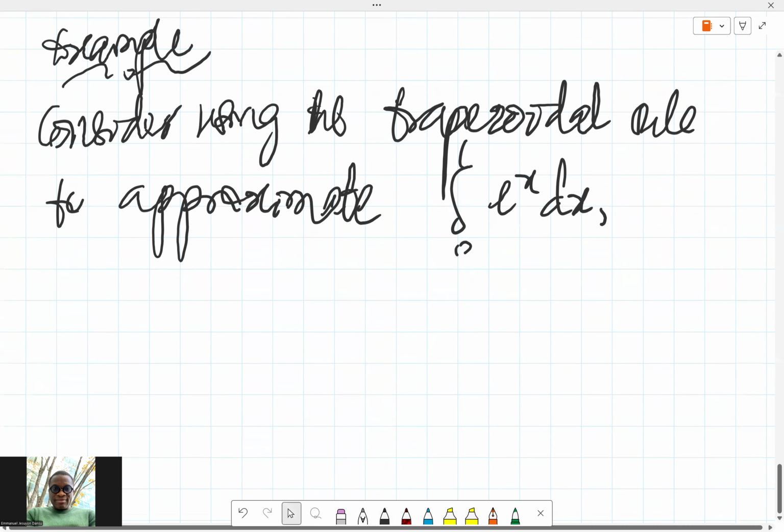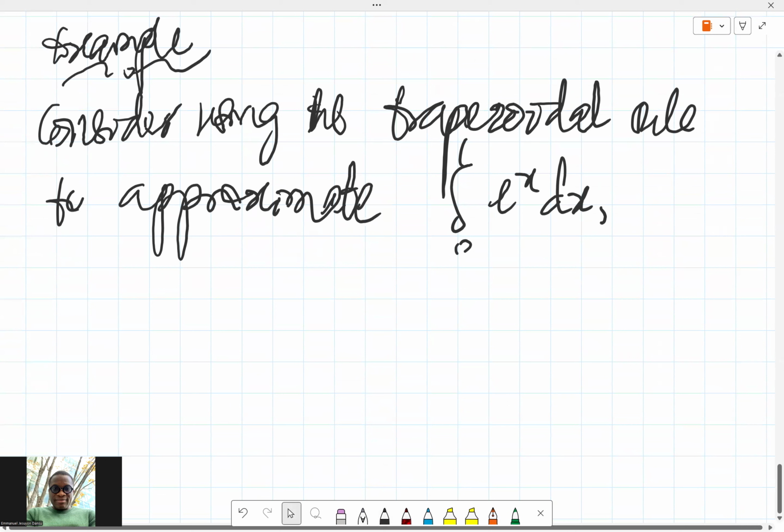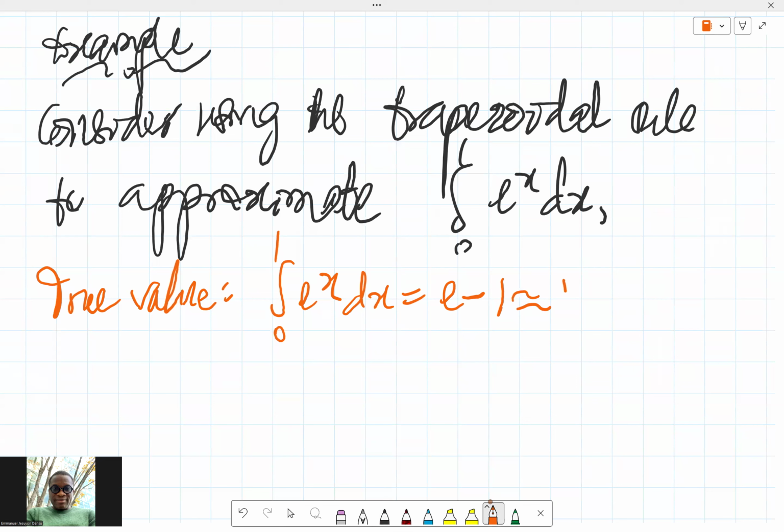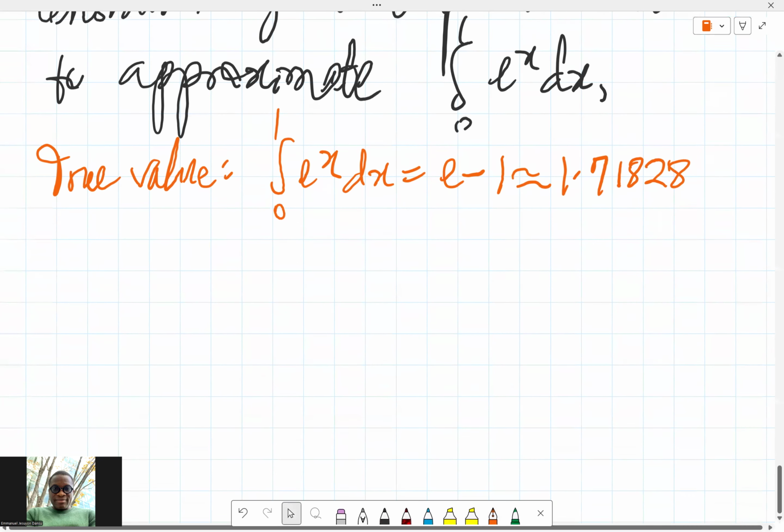The true value, because we have the closed form solution, is the integral from 0 to 1 of e^x dx. By the time you finish integrating, you get e minus 1, which is approximately 1.71828.